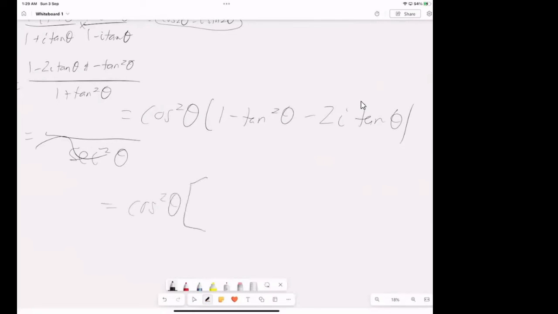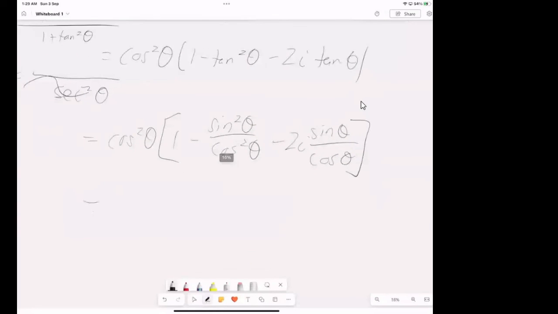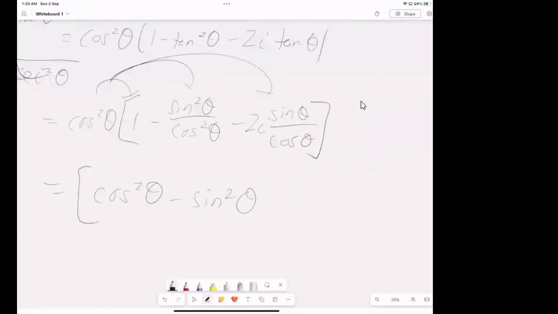Let me express all this in terms of sine square theta over cosine square theta minus 2i sine theta over cosine theta. So we expand everything in. You have cosine square theta minus sine square theta minus 2i sine theta cosine theta.